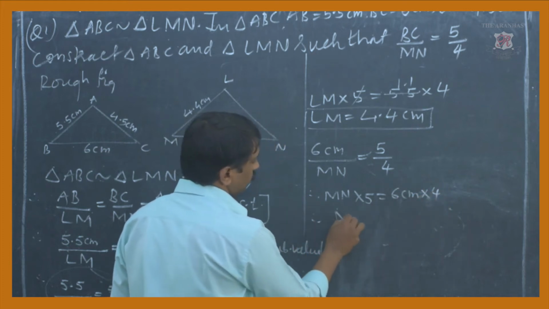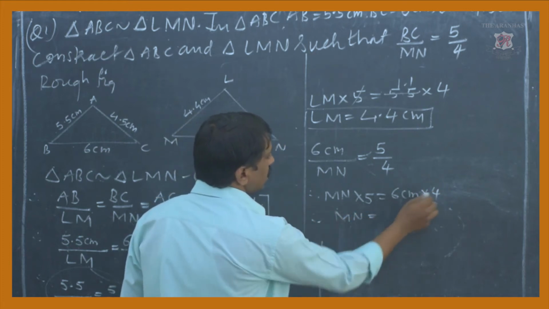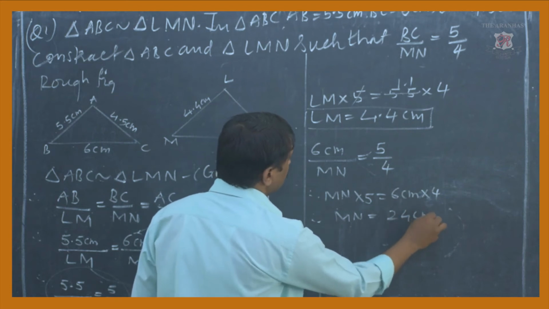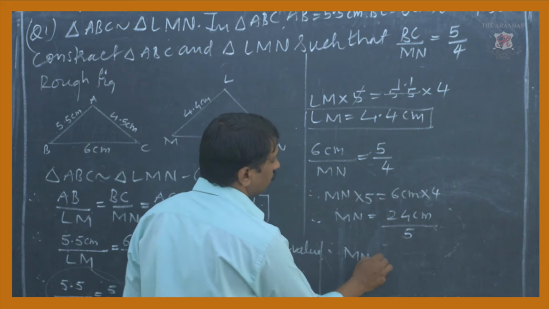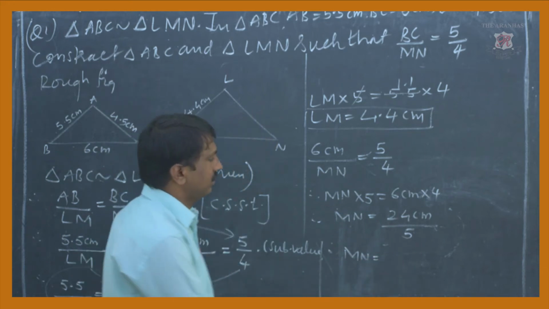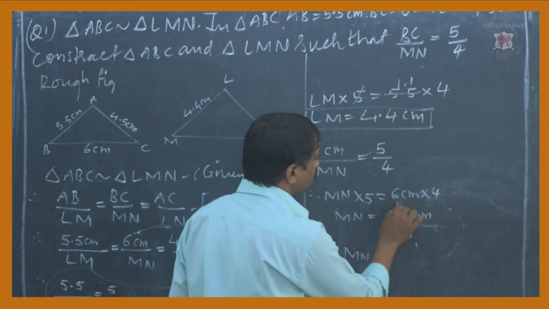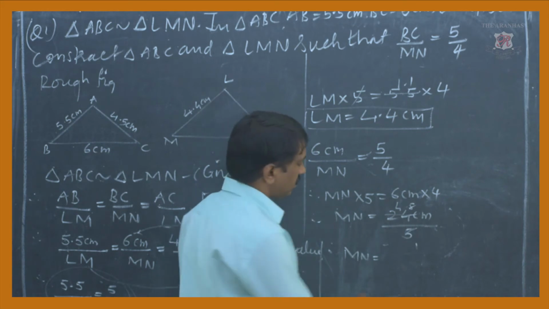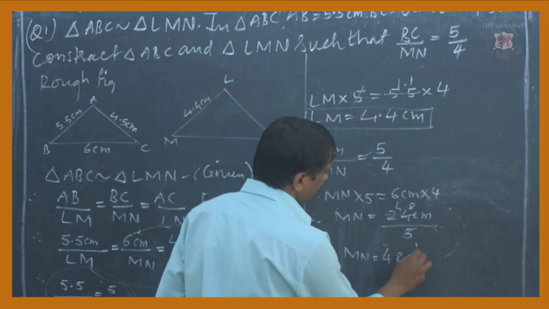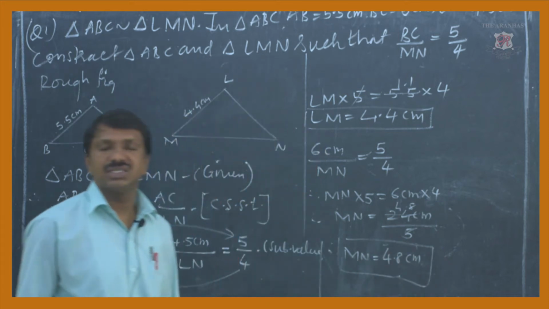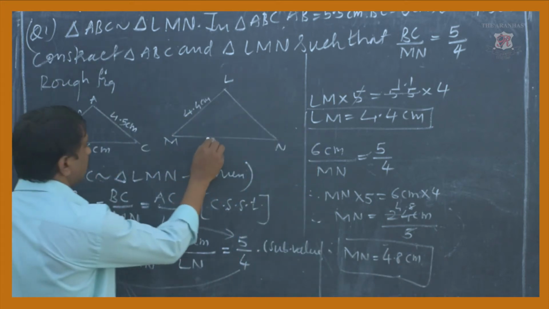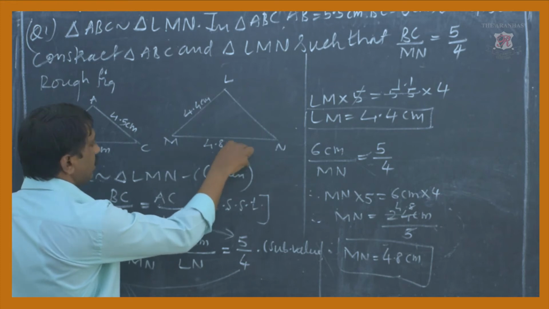So MN is equals to 6 4s are 24 centimeter upon 5. We know that 5 1s are 5, 4s are, and 5 8s are, means it will be 4.8 centimeter. 4.8 centimeter is the segment MN.